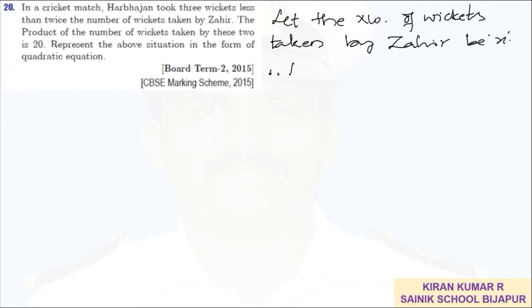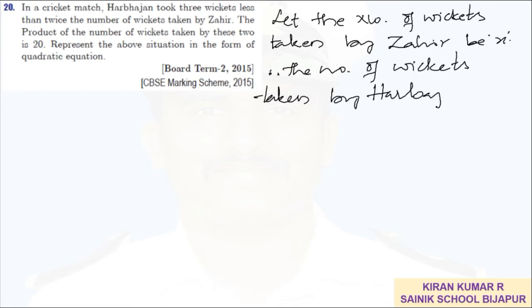Therefore, the number of wickets taken by Harbhajan will be 2x minus 3, because Harbhajan takes 3 wickets less than twice the number of wickets. So 3 is subtracted from 2 times x.